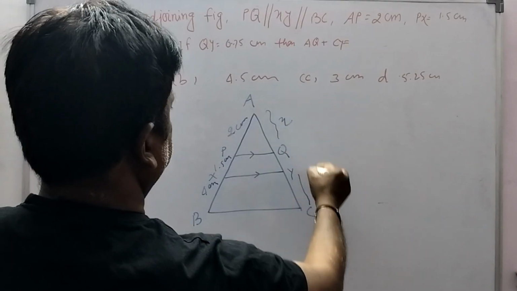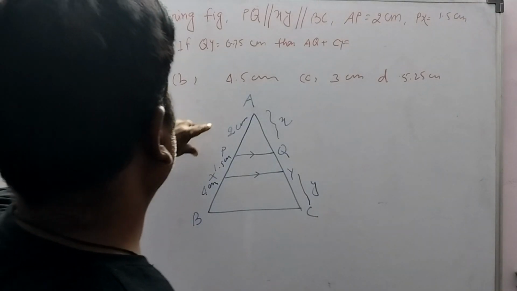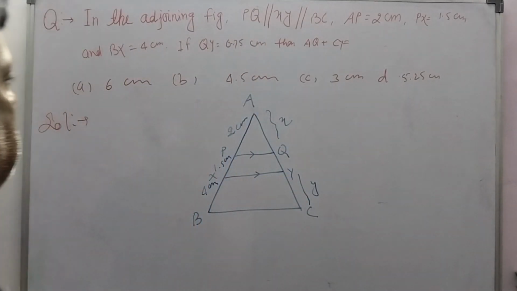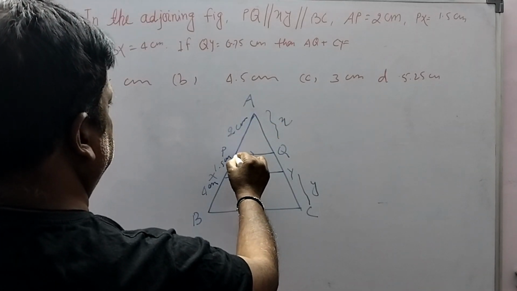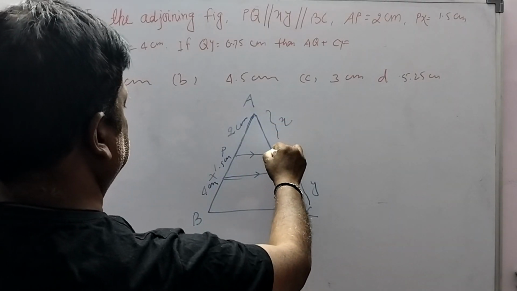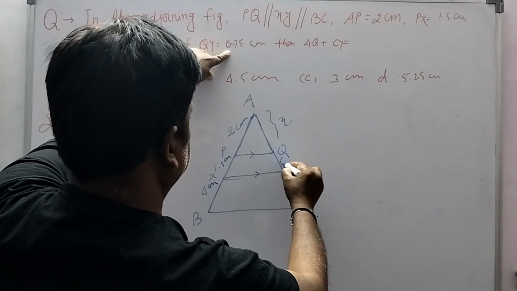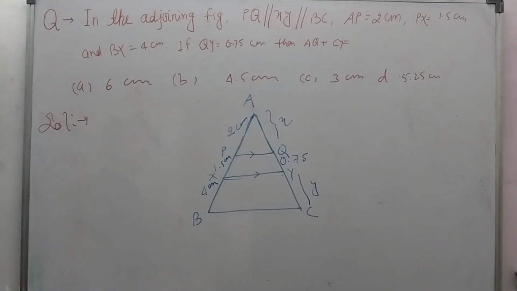Suppose this is X unit, this is Y unit. How can we find? We have to find X value and Y value. For parallel lines, we apply BPT. QY is given as 0.75.